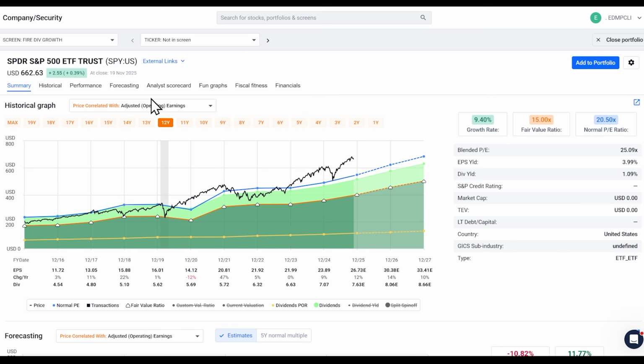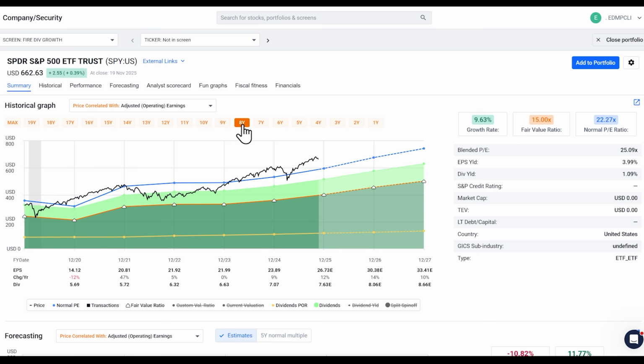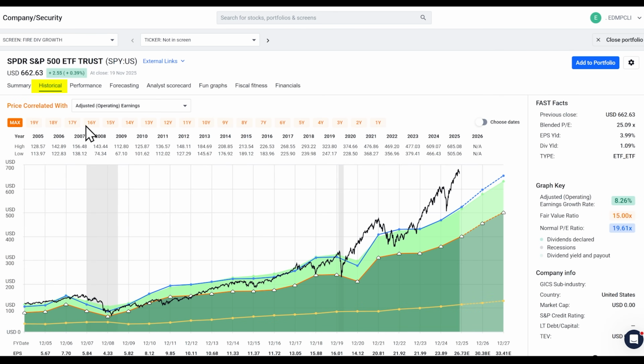The orange line tends to stick at around the 15 PE. But the blue line can change depending on how the market was valuing a stock over whatever time frame I'm measuring. Here I'm looking at the max. It's been about a 20 multiple. So in my brain, the S&P trades between 15 and 20 when there's what I'll call reasonable valuation.